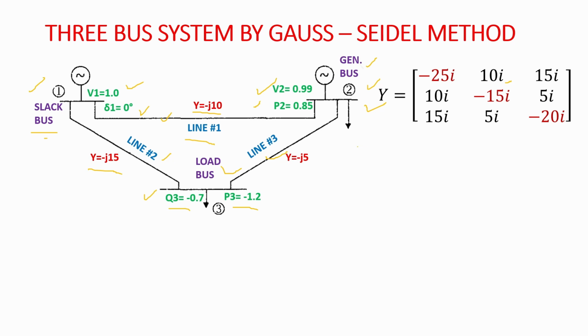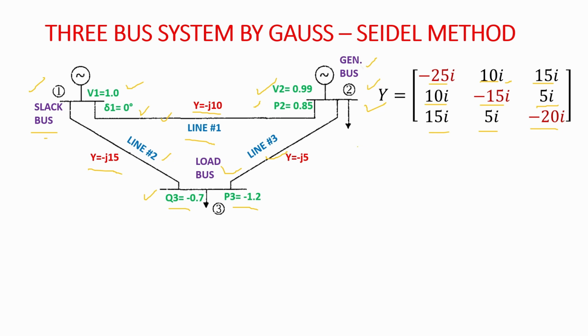The numbering of the matrix are Y11, Y12, Y13, Y21, Y22, Y23, Y31, Y32, and Y33.